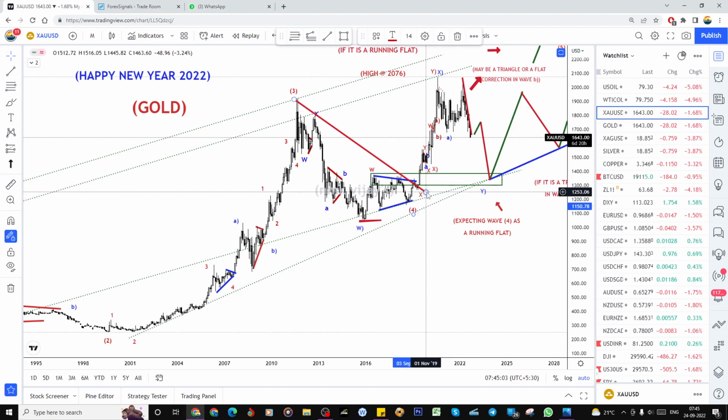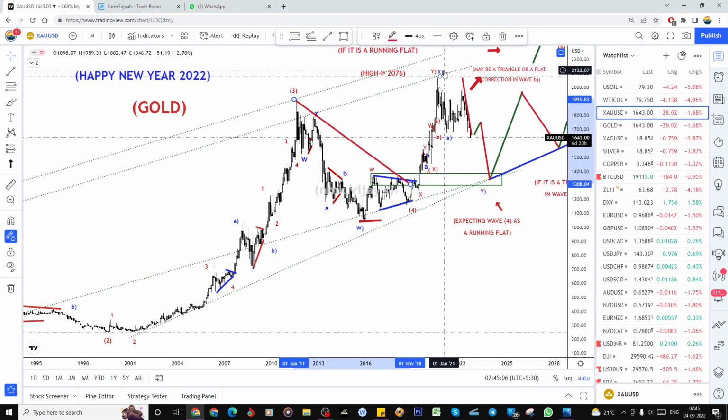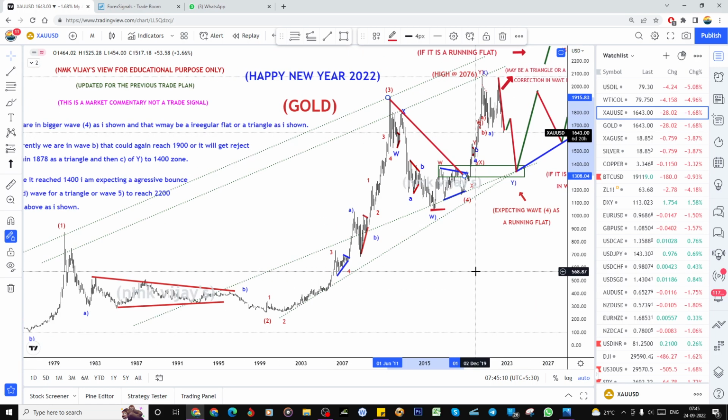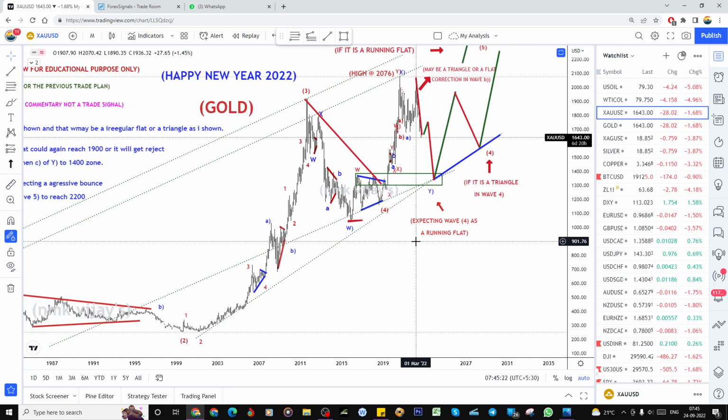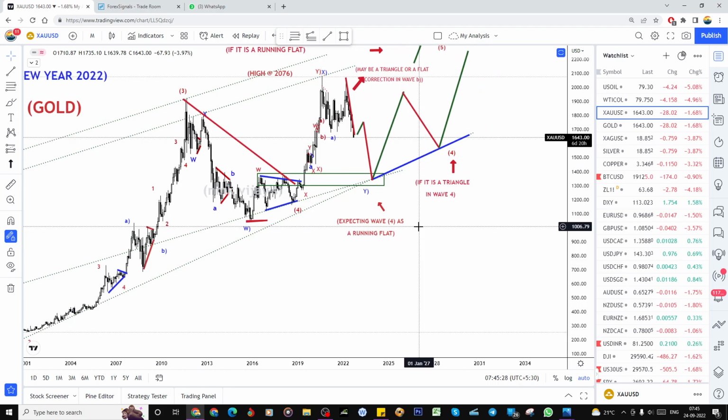So whether this is the end of the trend means we are on the downside, but I don't know how it will go. But in US DXY, the dollar is going to suffer after reaching the target of 115 or 120, whatever it is. Dollar has to suffer, and gold, at that time we need to watch, then only we can correlate anything.